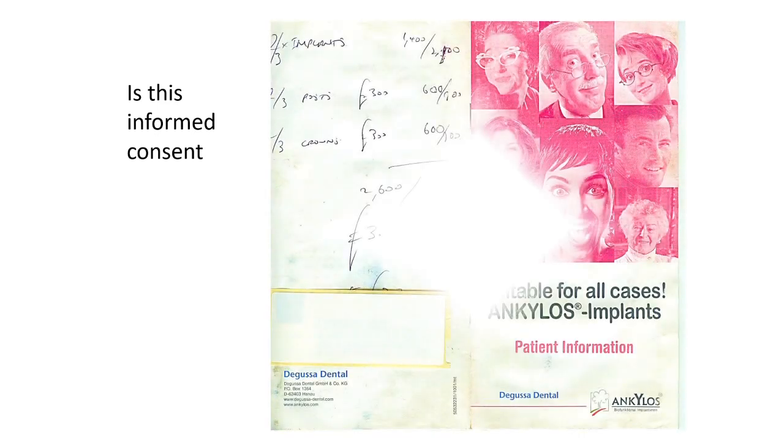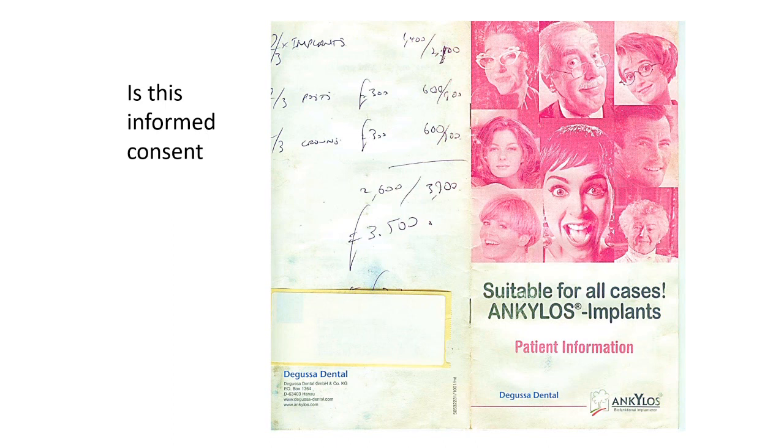So you have to consider, is this informed consent? This does not look like any kind of proper treatment planning has gone into it. It's a brochure from an implant company, and this is the kind of thing we would not want to see uploaded into the documents section of your case logs or used as a treatment plan.